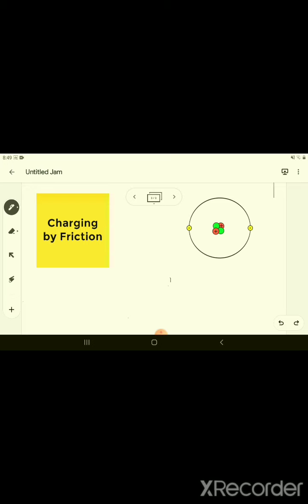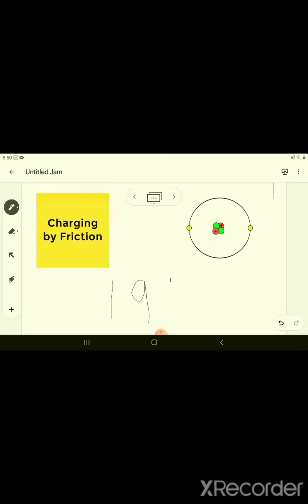So if we have an atom with 19 protons, how many electrons do you think this atom will have?